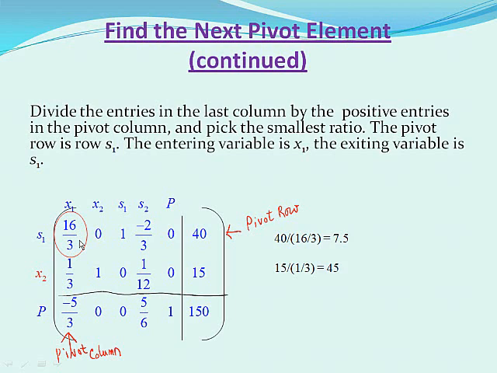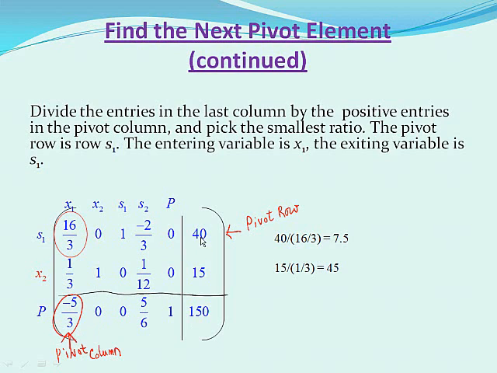Select the pivot column, pivot row and pivot element as before. That is, we need to select the column containing the most negative number in the bottom row. There is only one negative number, so this first column is going to be the pivot column.